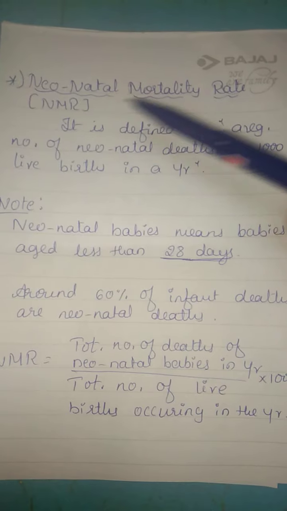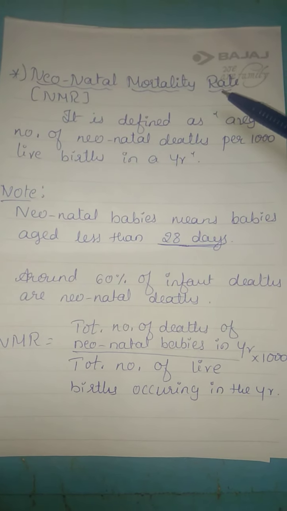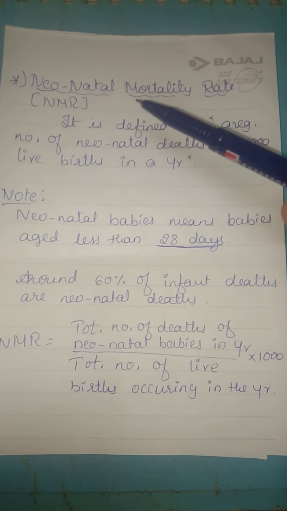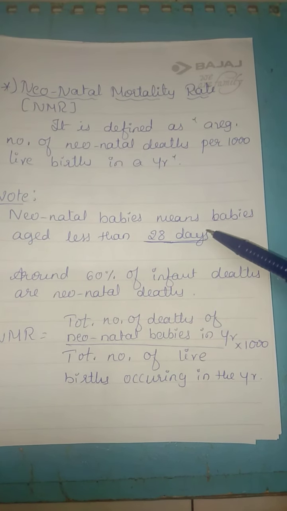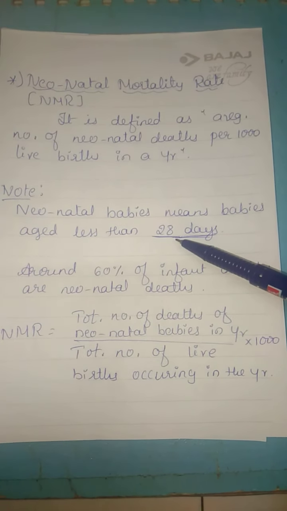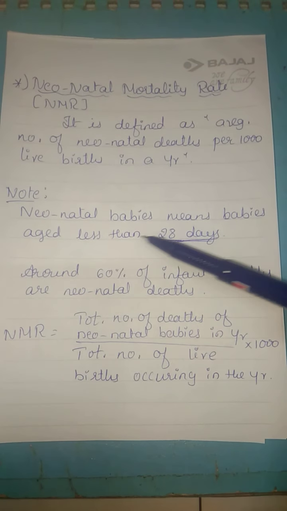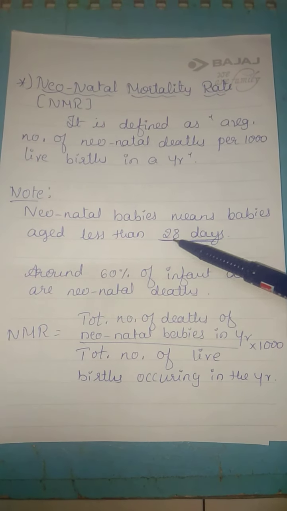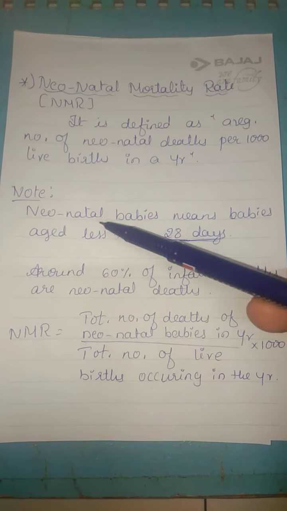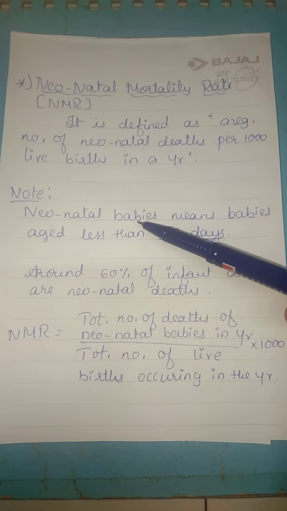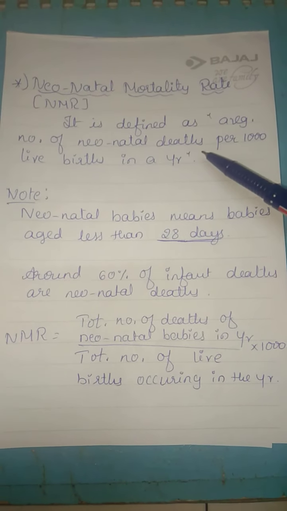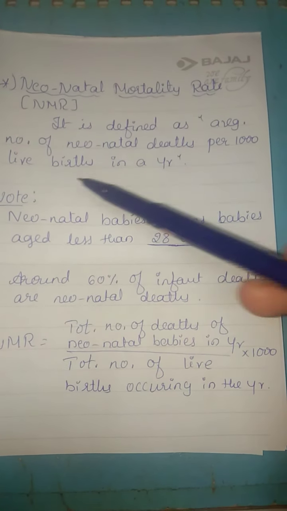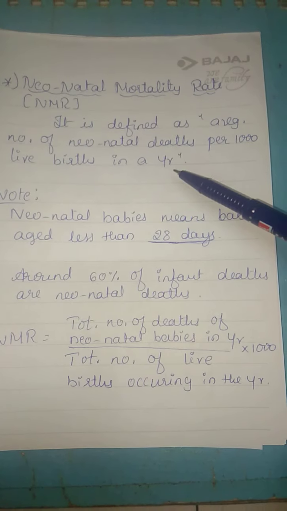Next is neonatal mortality rate. Neonatal mortality rate, NMR. Neonatal babies means babies aged less than 28 days. It is defined as the average number of neonatal deaths per 1000 live births in a year.